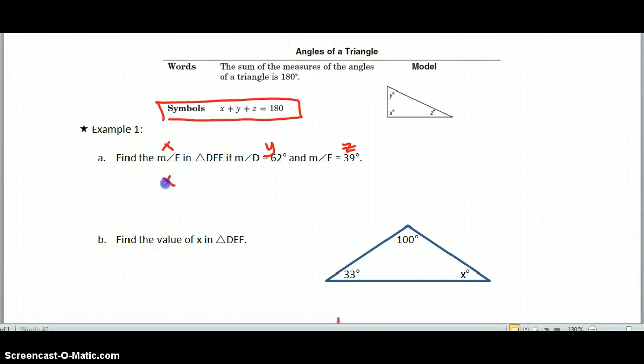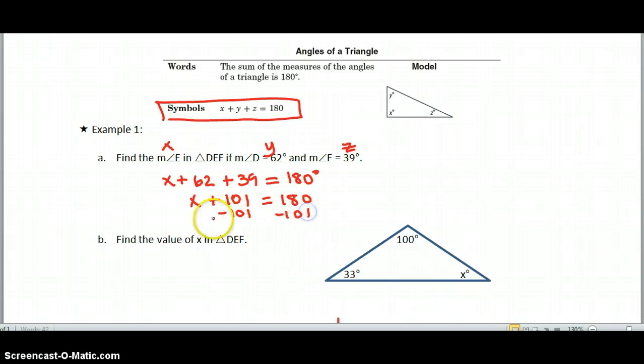So I'll say X plus 62 plus 39. And I know that all three angles should add up to equal 180 degrees. So X plus 101 equals 180 degrees. Subtract 101 and X equals 79 degrees.